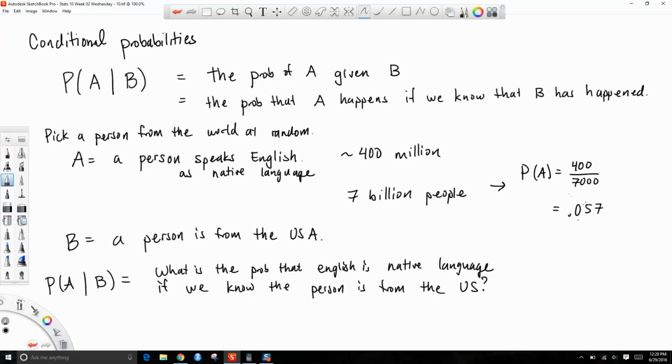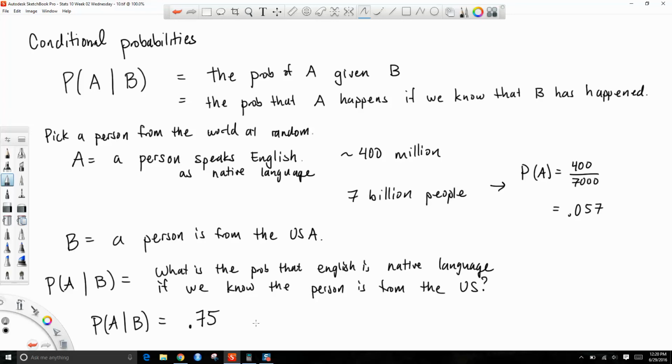Whatever it is, it's much higher than 0.057. Maybe 231 over the population of the United States, so 300, so maybe like 75%. We're just going to ballpark it here. This is just an estimate.